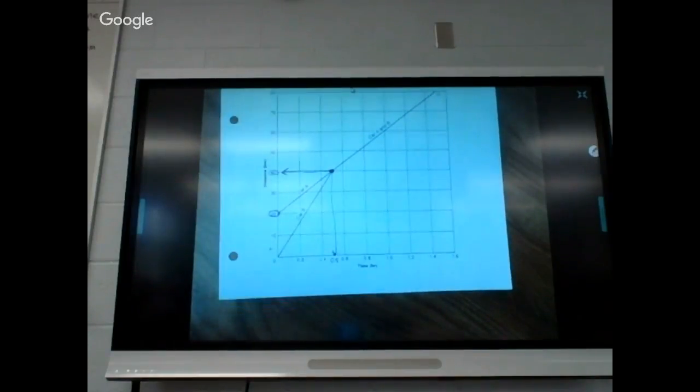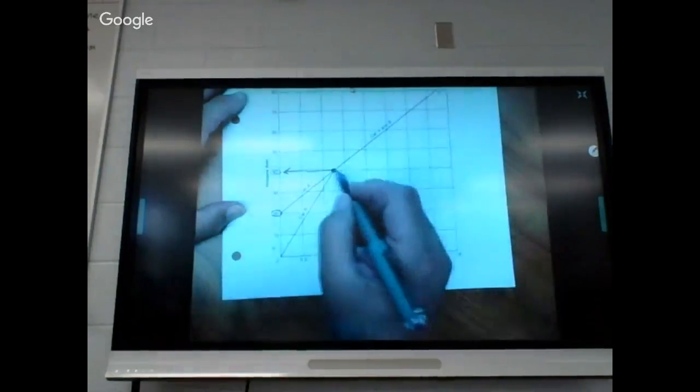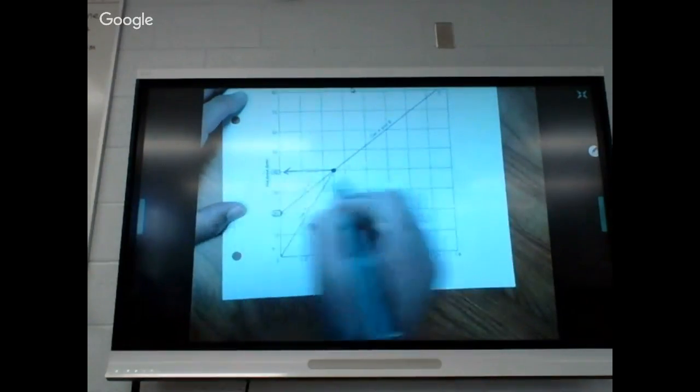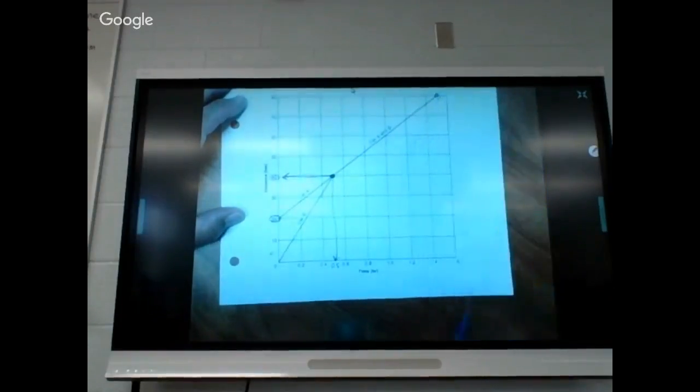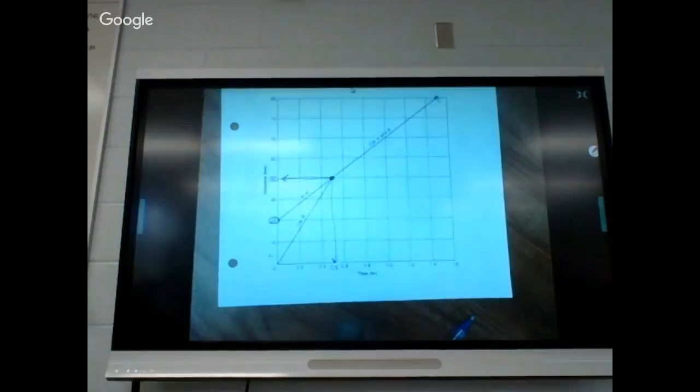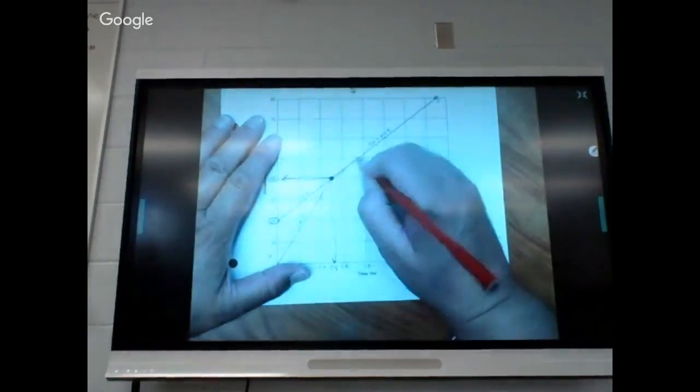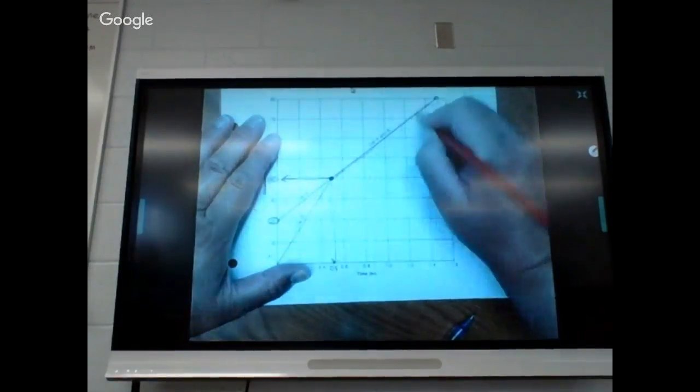How far did both cars travel at the same speed? Subtract 80, subtract 40. All right, so can we agree that they travel at the same speed from this dot to right there? Can we agree that they travel at the same speed along that red line?